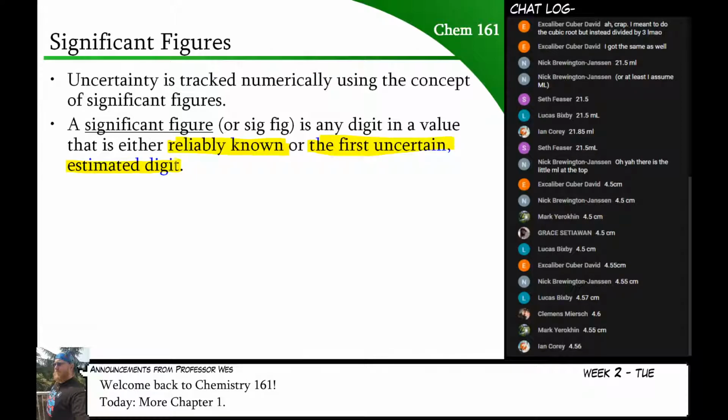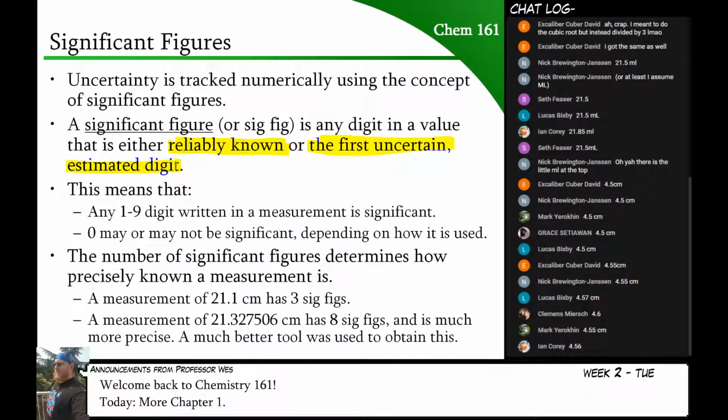So we can count that as significant. It is not a completely random number that we have chosen. So that makes it a significant figure. The more significant figures that you write down, the more precisely known a measurement is.